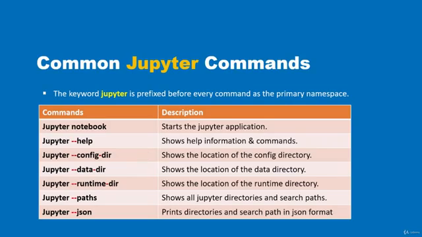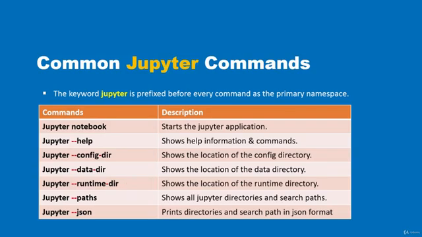-dir. If you want to see the location of the data directory, you type in jupyter space --data-dir. If you want to see the location of the runtime directory, you type in jupyter space --runtime-dir.